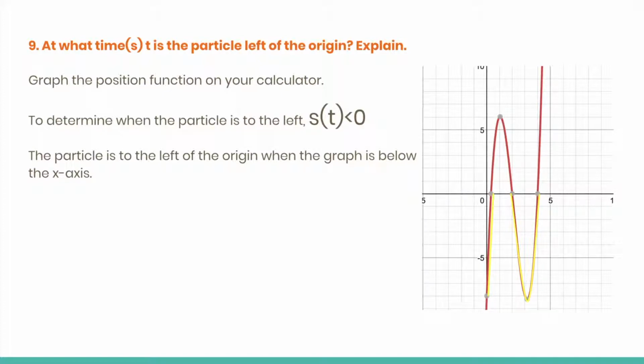As you can see on the graph, the graph is below the x-axis from 0 to 1/3 or 2 to 4 seconds. And 0 is included in this because that's the original time. For your final answer, you have to include that S of t is less than 0 because that's the explanation for the answer.